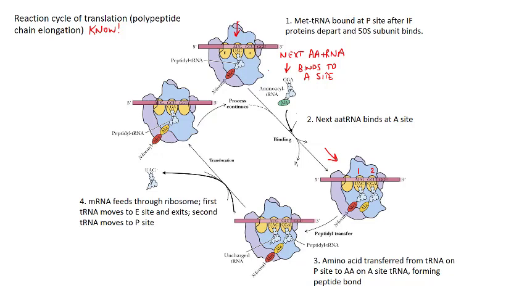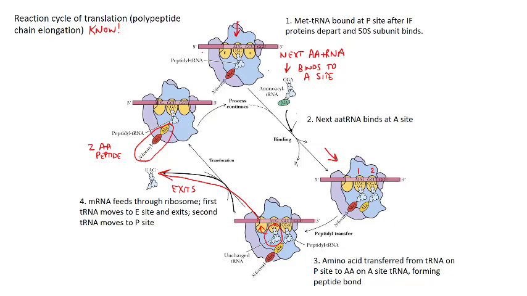Next step, the mRNA sort of clicks down one level, feeding through on the ribosome, just as I said, sort of like tape feeding through a tape machine. So that means that our empty tRNA now moves over to the E site, and when it's in the E site, it's kind of open to the surrounding solution and it doesn't stay there very long. So it exits. What are we left with now? Now we have a 2 amino acid peptide bound to the tRNA that's now at the P site.